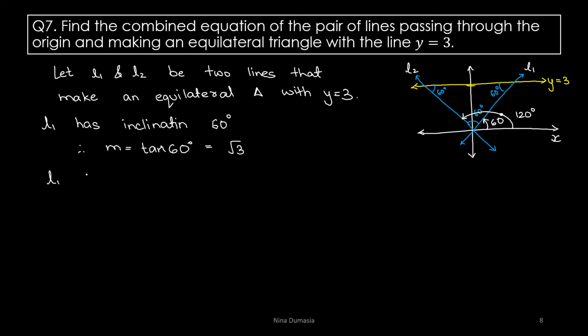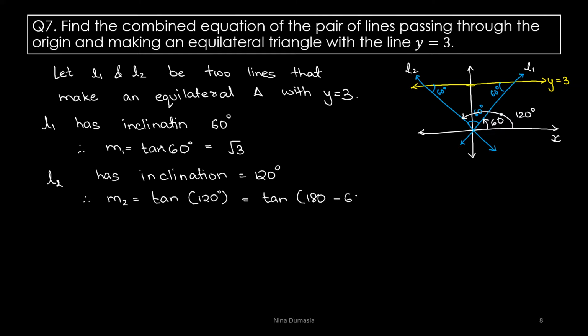Okay. Next, L2 has inclination 120 degrees. We can call this one as m1 and इसको हम m2 बुलाते हैं. Tan of 120 degrees is equal to, we can say tan of 180 minus 60 degrees, and this will be equal to, if you remember, you must have studied it in 11th standard, tan of pi minus theta is equal to minus tan theta, correct?